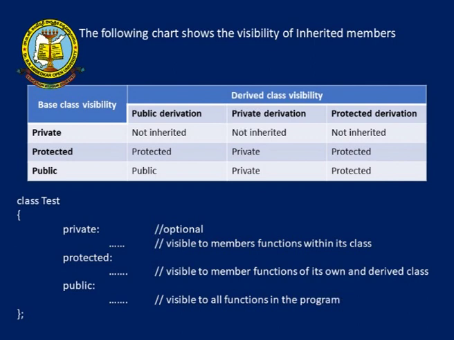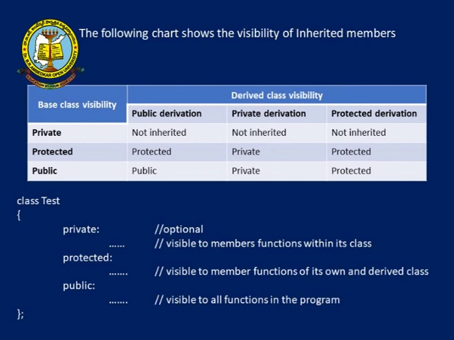Next case is the base class visibility is public and the derivation is done in the private mode. Then the public members of the base class will become automatically the private members in the derived class. That is another case. In the next case, the base class visibility is public but the derivation is done in the protected mode.